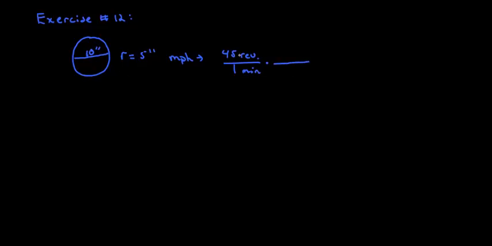Now, what is the distance of one revolution? So the question is, what is the distance as we go around the circle once? Well, that's essentially the circumference. So the circumference of this is equal to 2 times pi times the radius, which is 5.